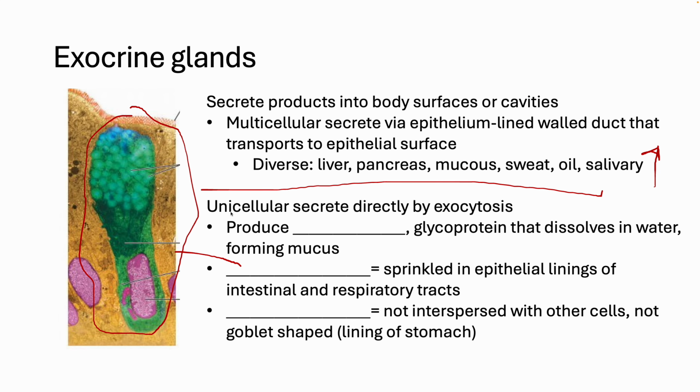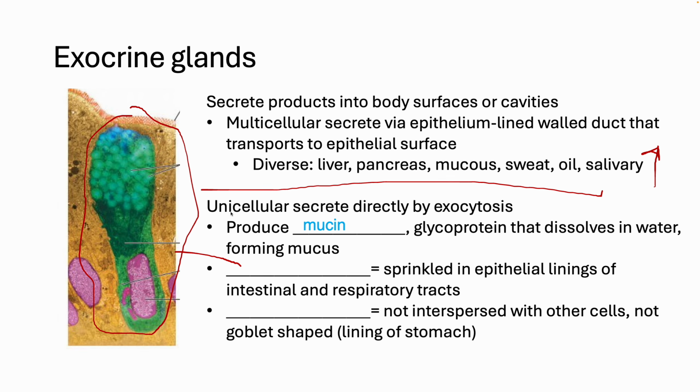All right, exocrine glands are going to secrete products onto the body surface or into cavities. These can be multicellular and diverse. You find them in things like the liver, pancreas, mucus, sweat, oil, and salivary glands. While unicellular, these are going to be directly releasing their products by exocytosis.